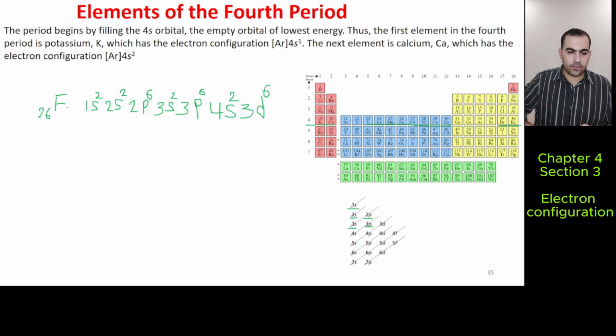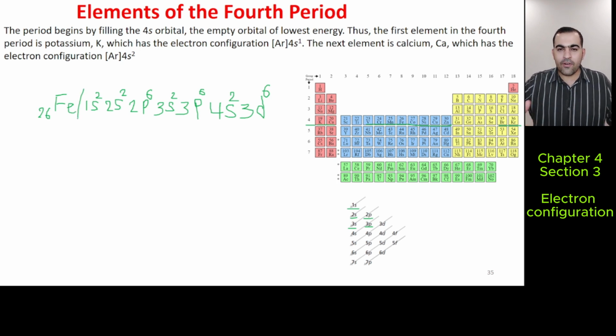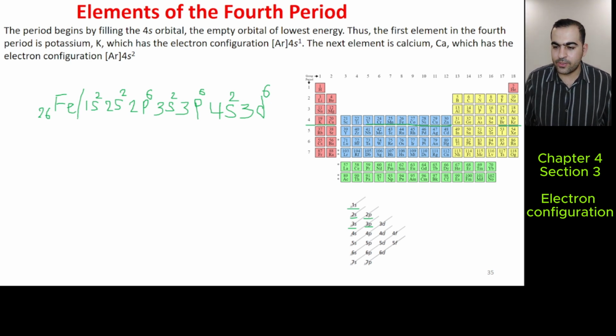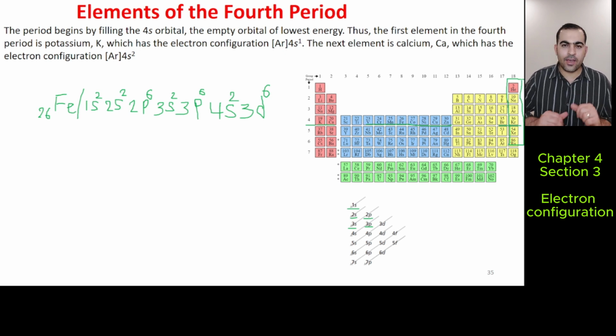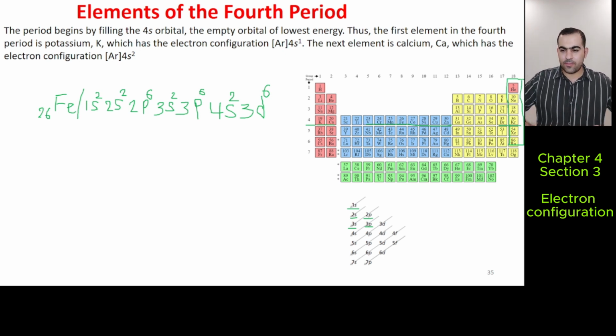Fe here. Okay. So if I write noble gas notation, here is very important: which noble gas do I use? Please know the noble gases, up to radon. You must know their symbols and their atomic numbers. So which noble gas do I use to show the inner electrons? Iron's atomic number is 26.